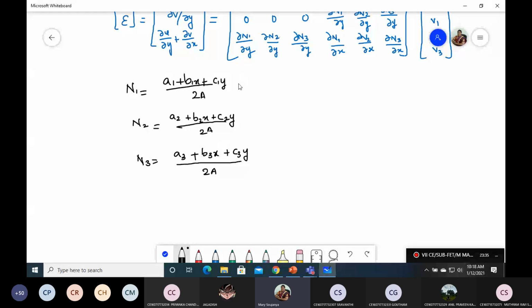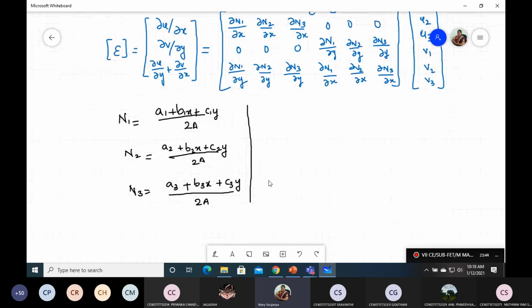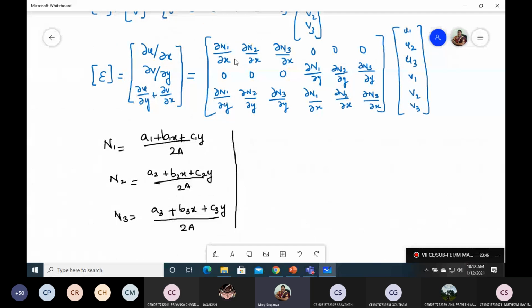Now, what terms do we have here? If you see in the matrix, we have n1 with respect to x and n1 with respect to y. So we have two different cases of partial differentiation of n1. With respect to x, what will this become?